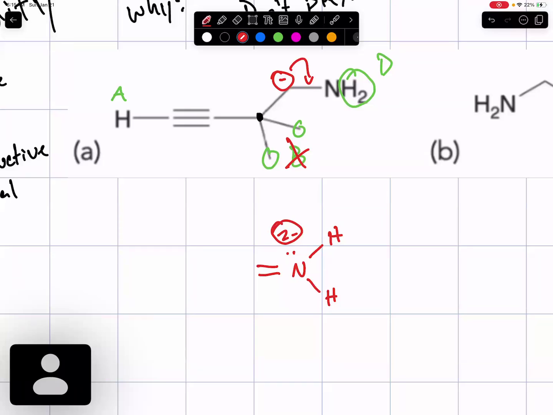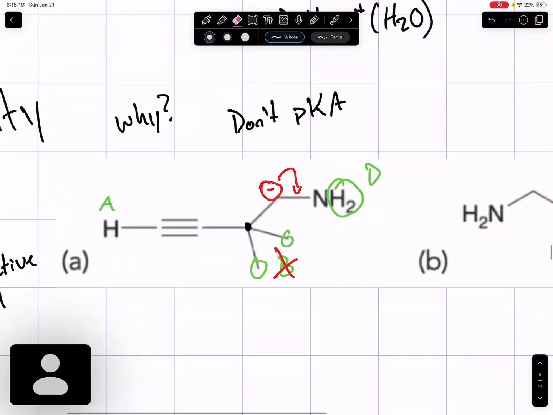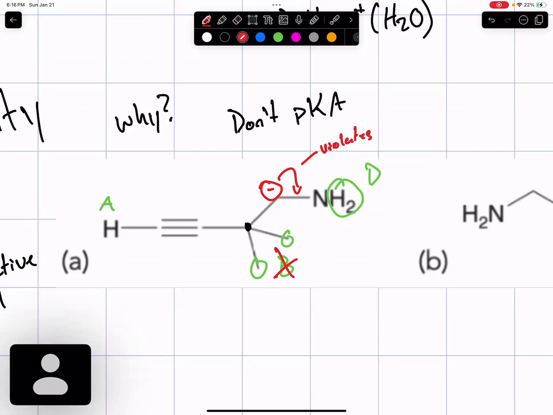Anybody? No, because it violates the octet rule. Yes, ma'am, it does. This would violate the octet rule. Violates octet rule. So C is also no longer possible. So these protons in C are also not possible.